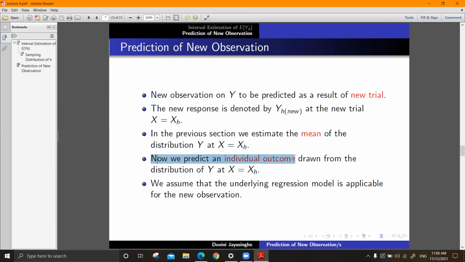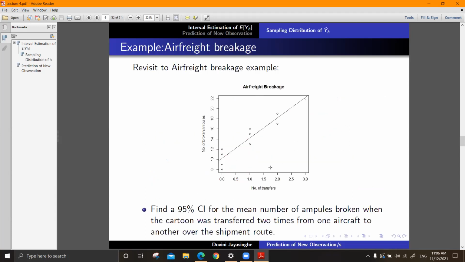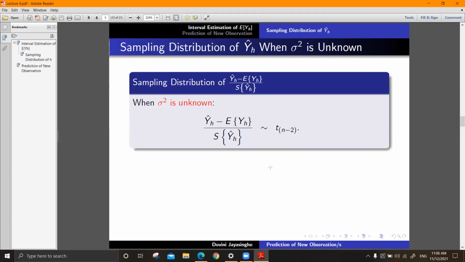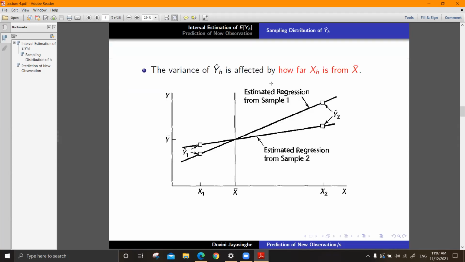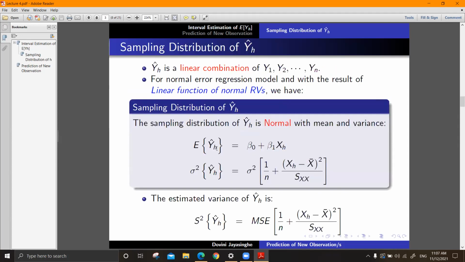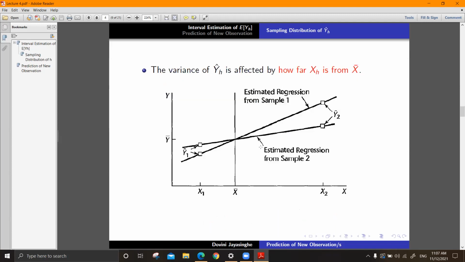Now we predict an individual outcome drawn from the distribution at a given level of X. All these were done for the mean, the expected value of Y h hat. Earlier, we considered the mean of, say, two observations.